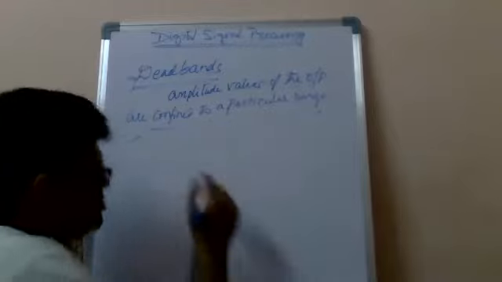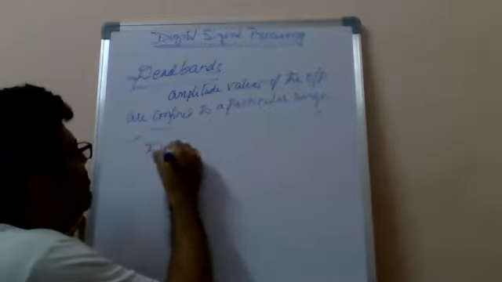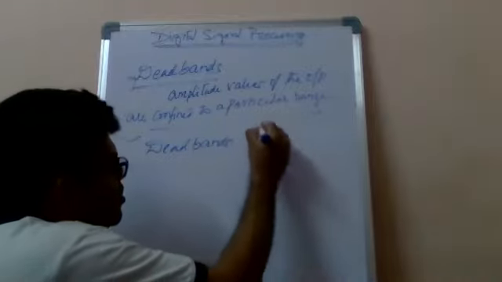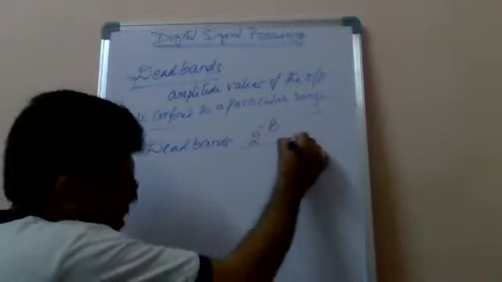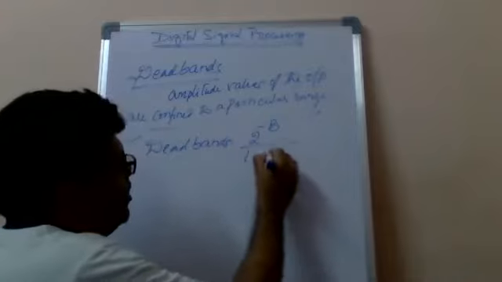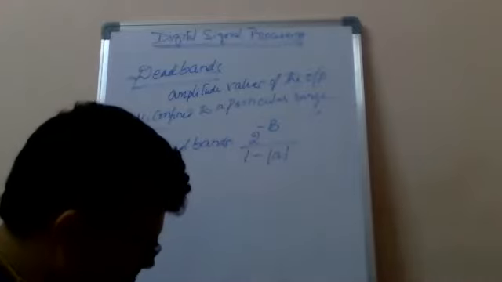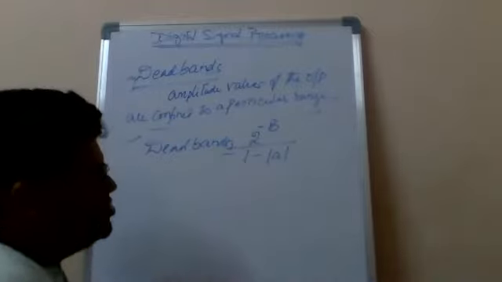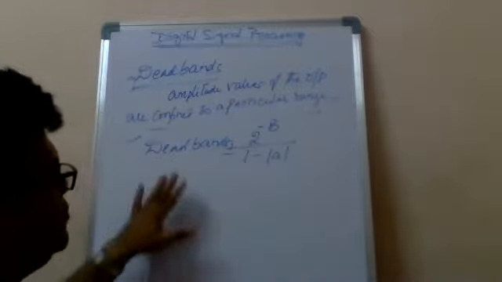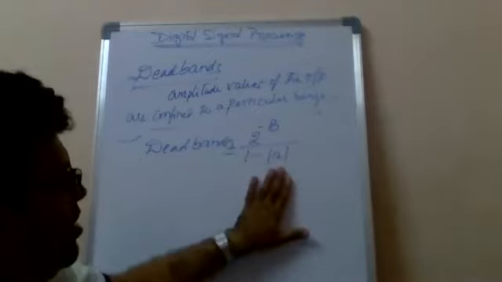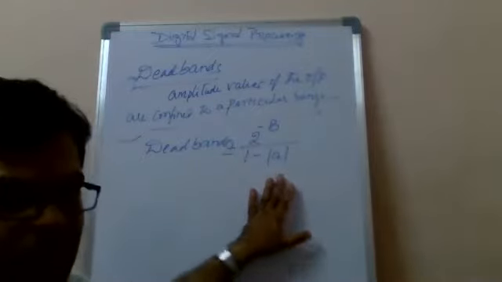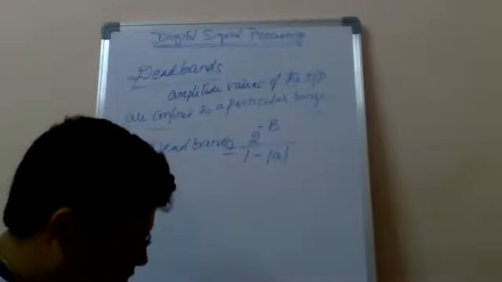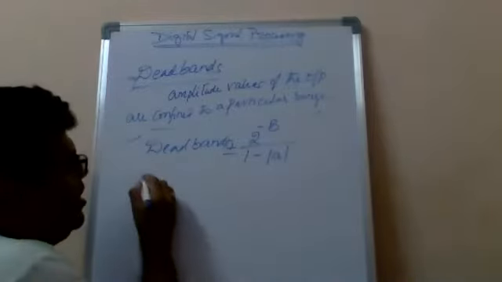Here the dead band in general is given as 2 to the power of minus b by 1 minus mod a. As it is a range, we take it as plus or minus, that means from minus 2 to the power of minus b by 1 minus mod a to plus 2 to the power of minus b by 1 minus mod a. Now where does this mod a come from?